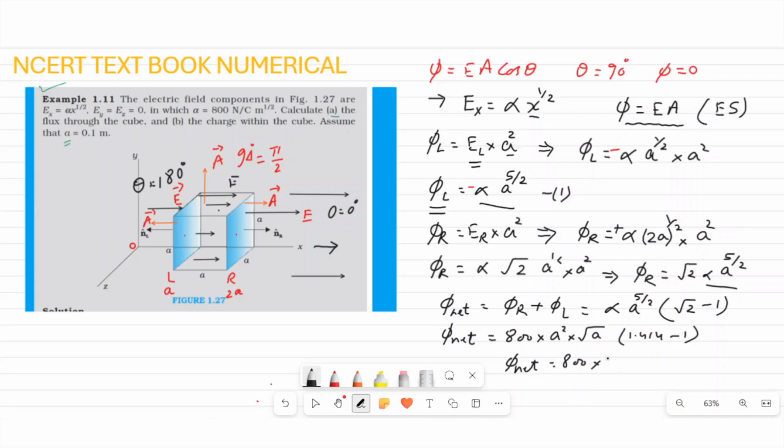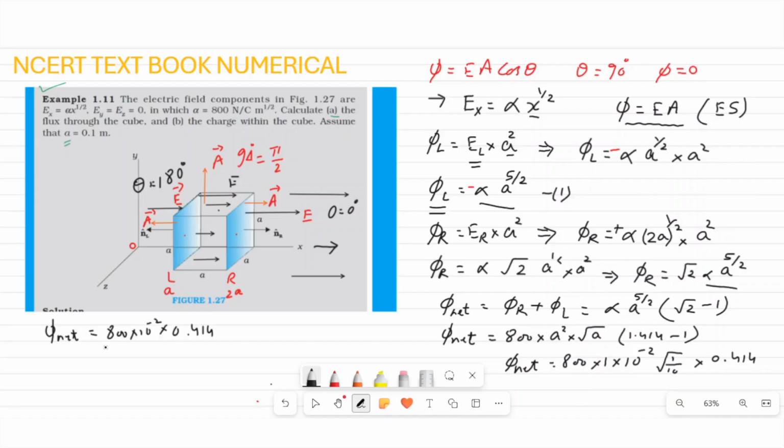So net flux is equal to 800 into 10 raised to power minus 2 into 0.414 divided by under root 10.